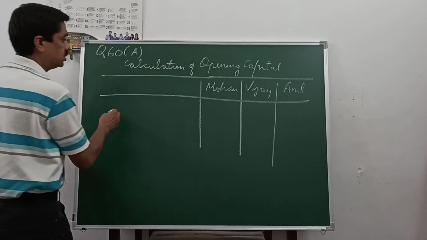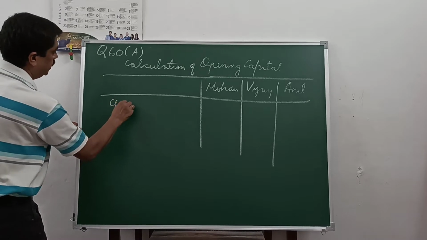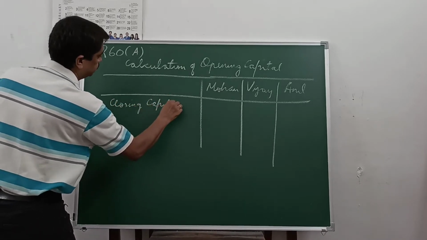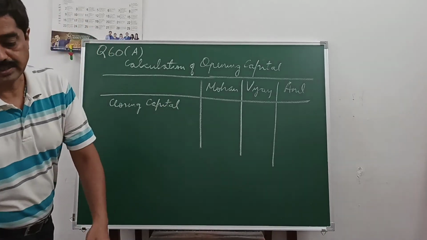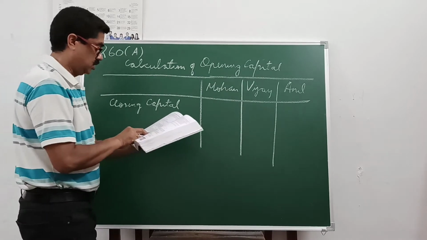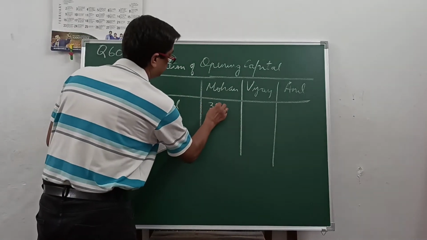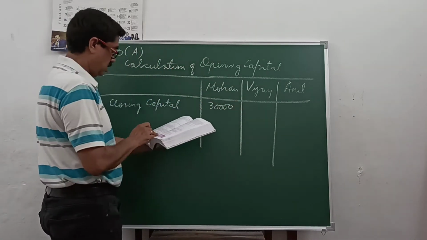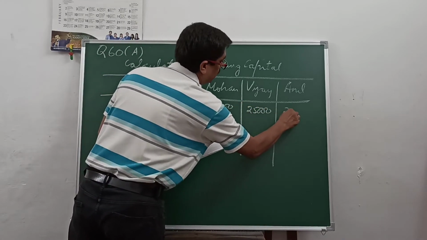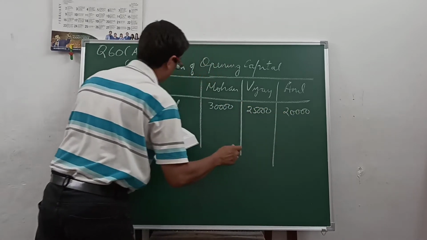We will begin with the closing capital, capital at the end of the year. Closing capital of Mohan is rupees 30,000, Vijay rupees 25,000 and Anil 20,000.